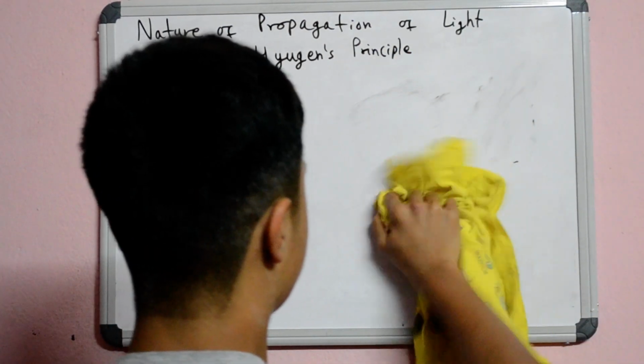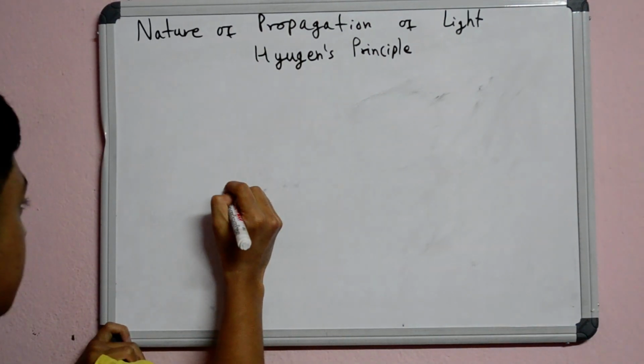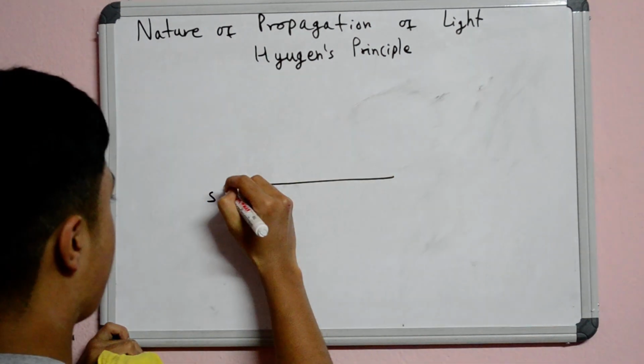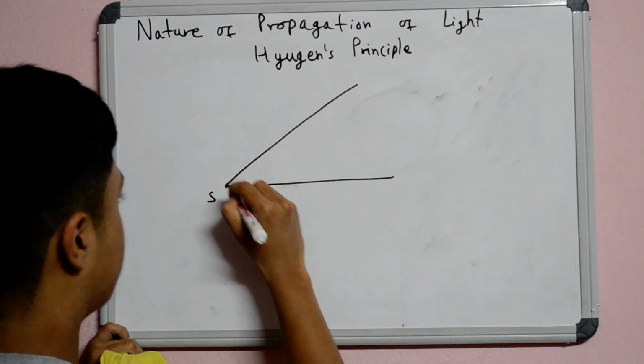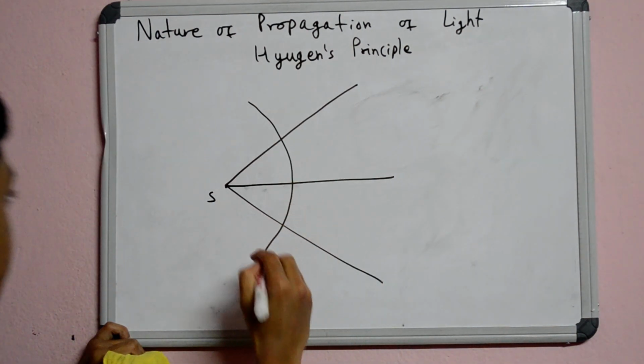Now here in Huygens' principle there are two postulates. Here, let's just say there's one source of light and the source of light goes in all directions, and we have a primary wavefront like this.